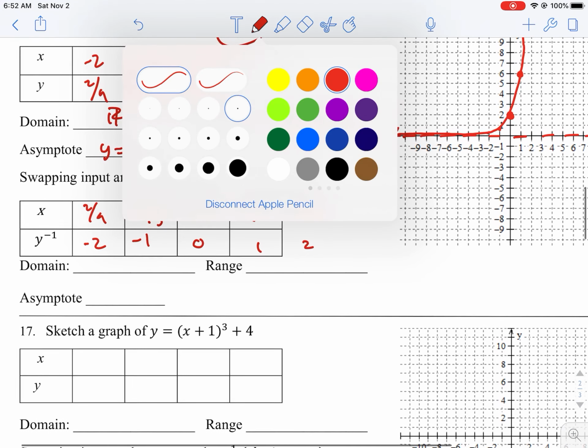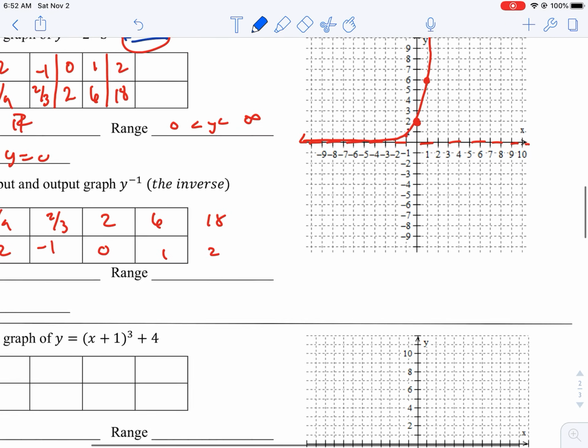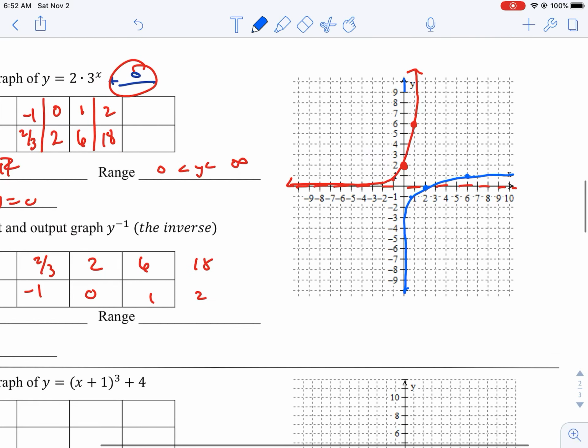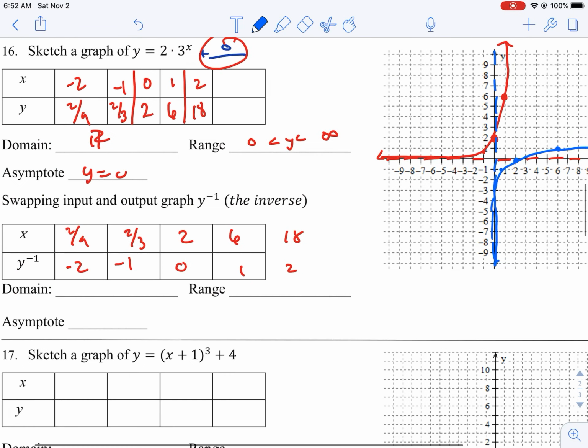So we graph this. 6, 1, 0, 2, 2/3, negative 1. Like this. Our asymptote is right here. Remember, you just take this, that goes here.